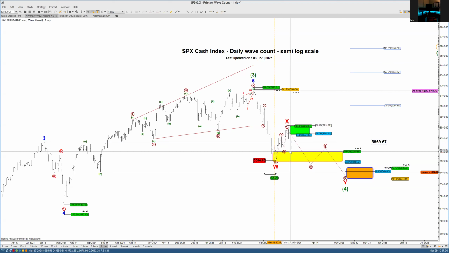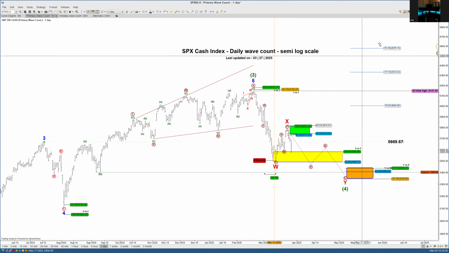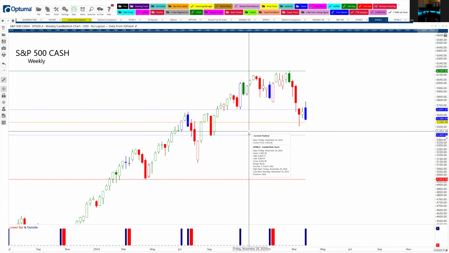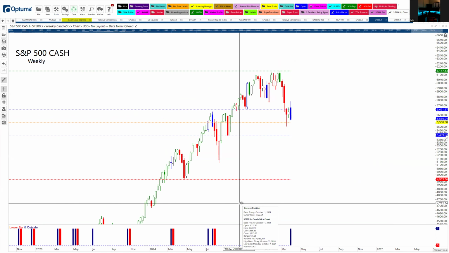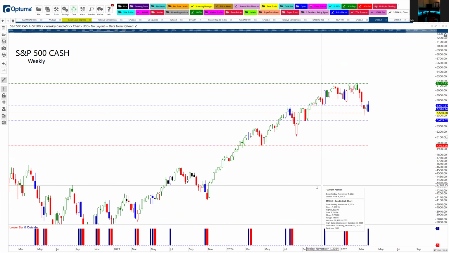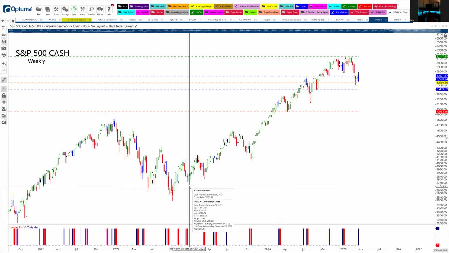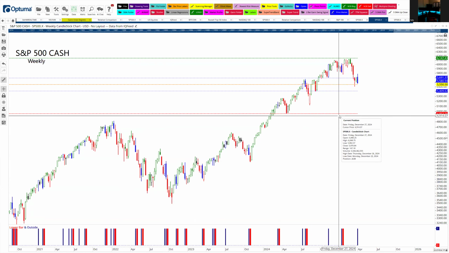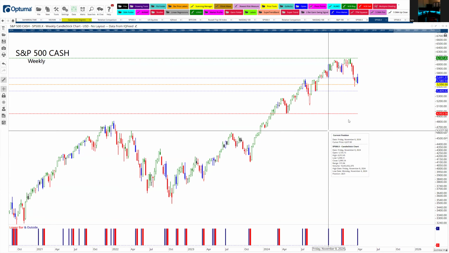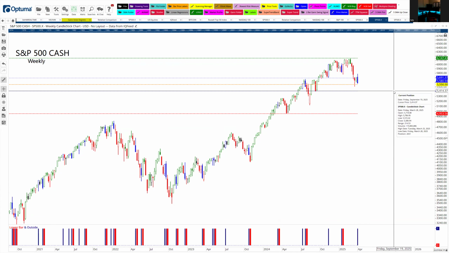Complexes are nasty little corrections, a bunch of zigzag moves. In 2022, they were short too. Yeah, it's true. So I think SPX is going to hit somewhere around 5,400. That's a downside zone right there.